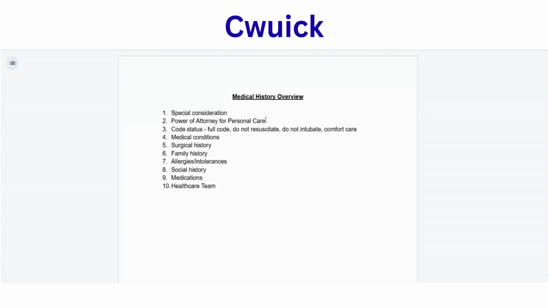So that was a quick summary of what could be on your medical history overview list. It is by no means a comprehensive list. It's just a good place to start with main essential information that can help you with navigating the healthcare system and just having something that's easily accessible and up to date on you at all times to make sure that you're prepared when you go to a new walk-in clinic or you go to a new specialist, or hopefully you don't have to go to a hospital.